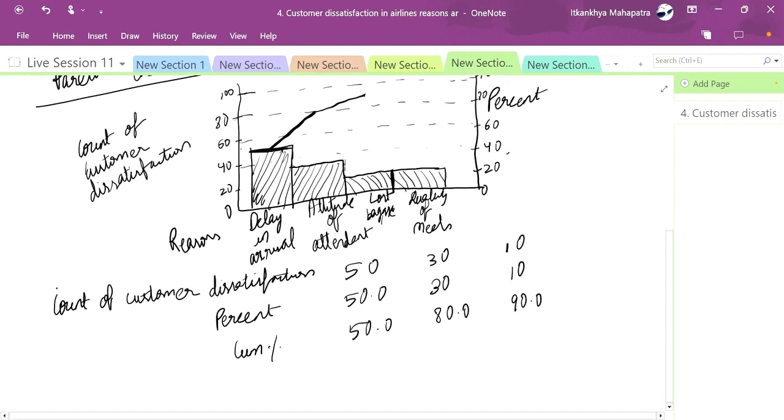Now, when the count is again 10, the percentage is 10, and the cumulative is 100.